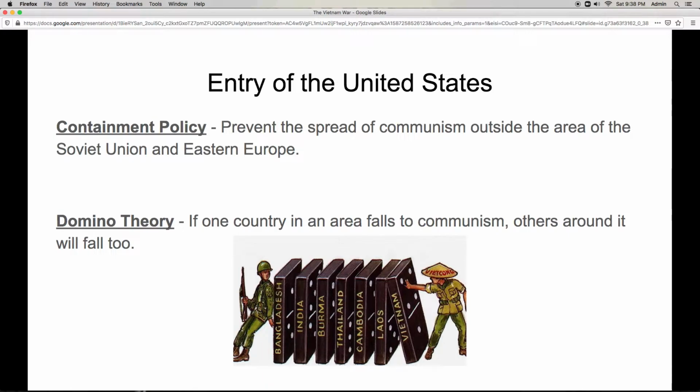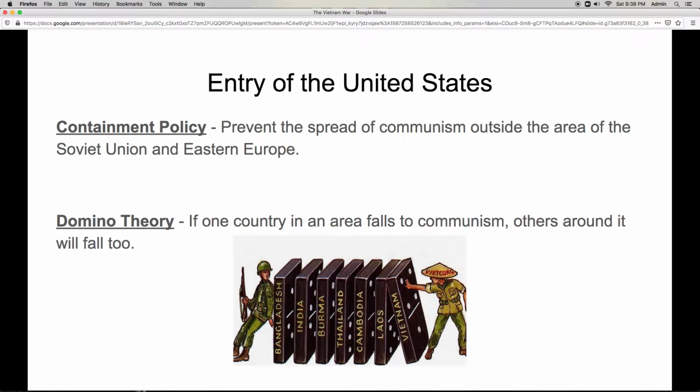The question is, the North wants the South. The North, Ho Chi Minh, wants to unite Vietnam under his rule. The South wants to do the exact same thing. They want to unite Vietnam under Diem's rule, and whoever else is going to come after Diem after he's assassinated in 1963.